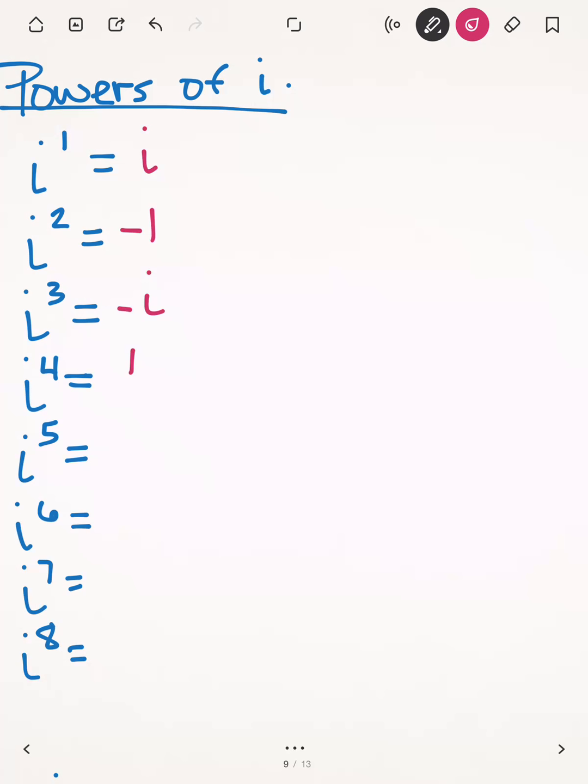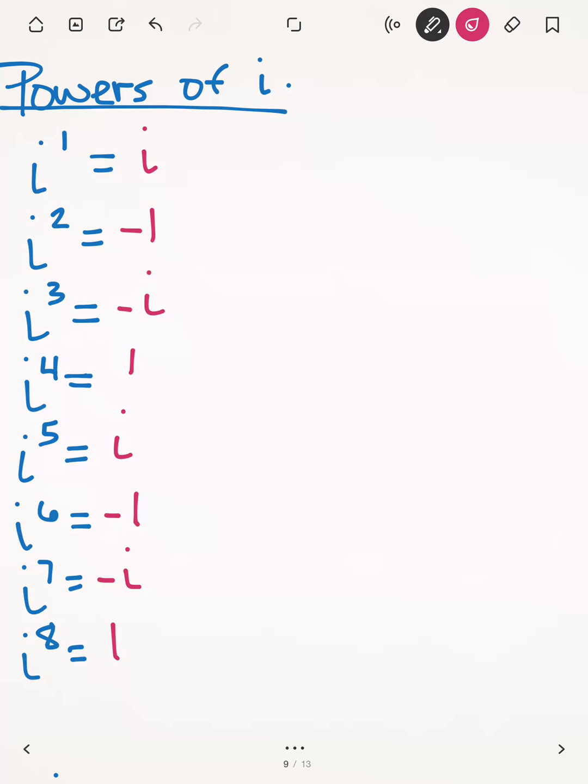So we have i to the fifth, which is i, i to the sixth, which is negative 1, i to the seventh is negative i, and i to the eighth is 1. The pattern keeps repeating every 4. So what we do is take our exponent.